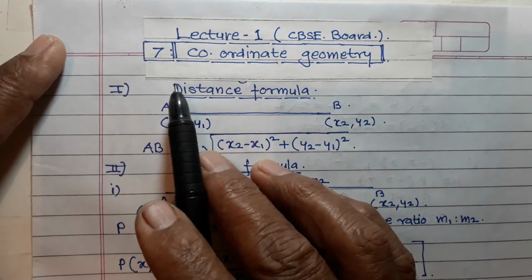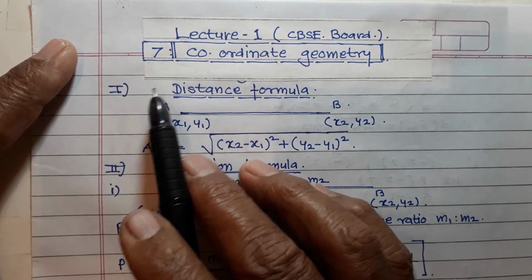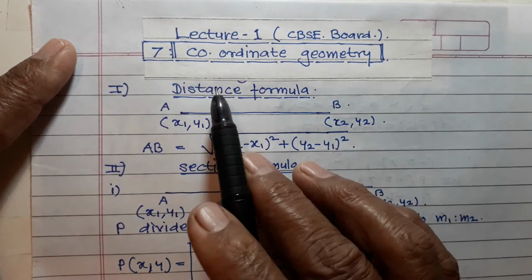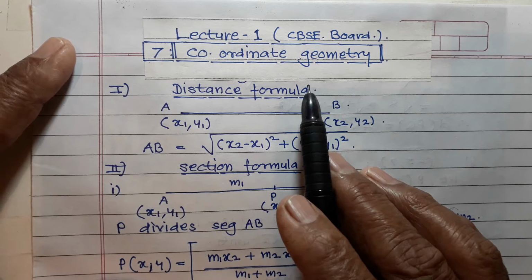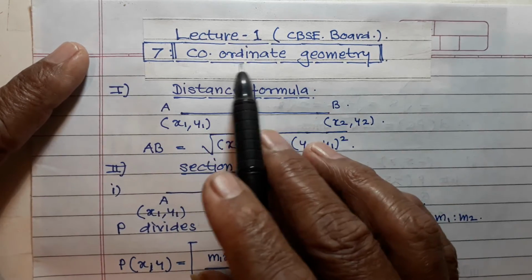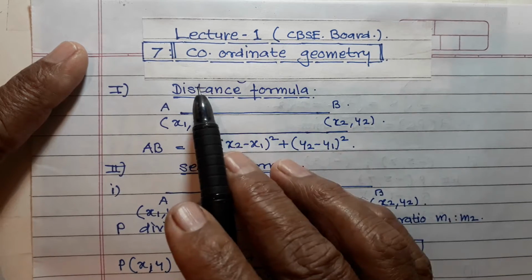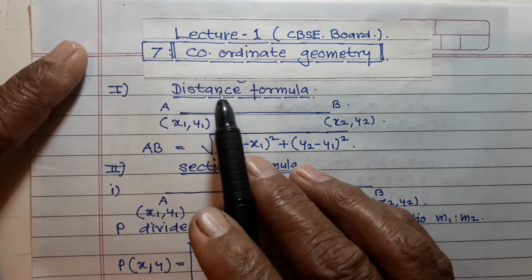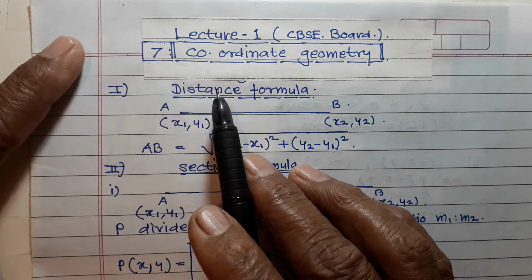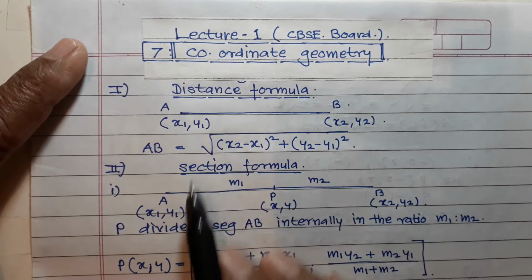In this lecture, I am going to explain some terms related to coordinate geometry. You know coordinate geometry; you have learned about it in 9th standard. So, I start from some topics.